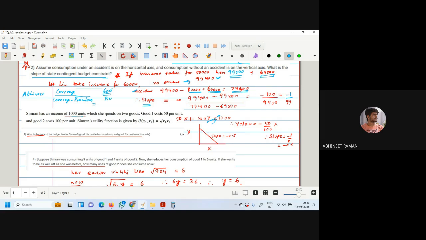The inverse will be the correct one. Yeah, premium over coverage minus premium. Now slope is always negative, so negative sign is there. So premium is your minus 1, coverage is 100 minus 1, which is equal to minus 1 by 99.